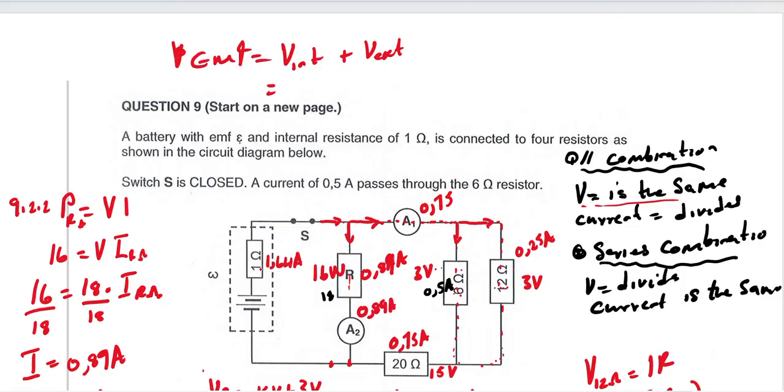Our voltage at this point will be V equals IR. And then our I is 1.64 multiplied by 1, and then we're going to have 1.64. Plus what's your V external? Your V external is 18. Do you get me?